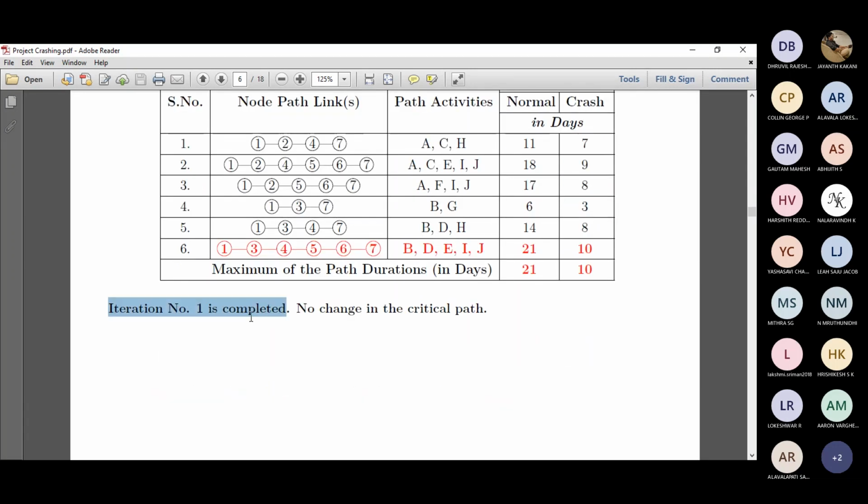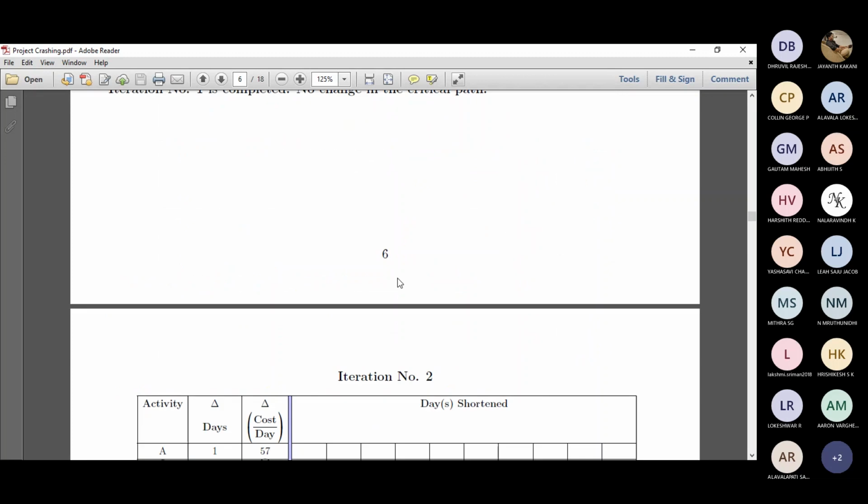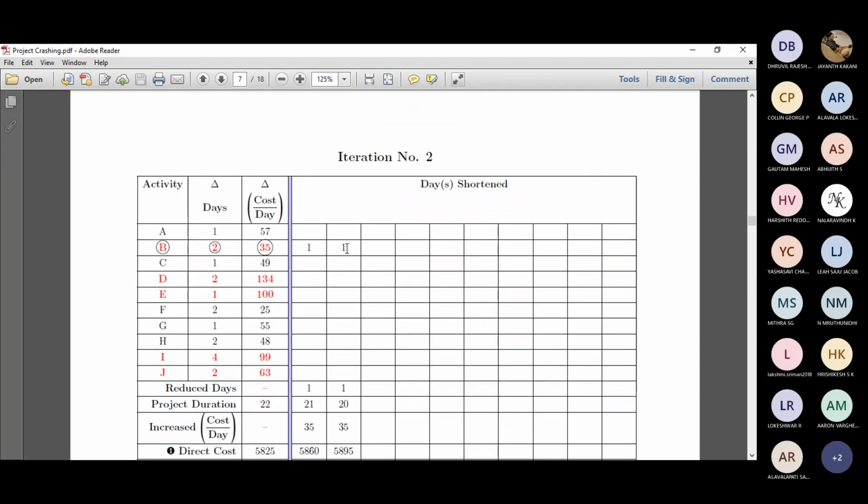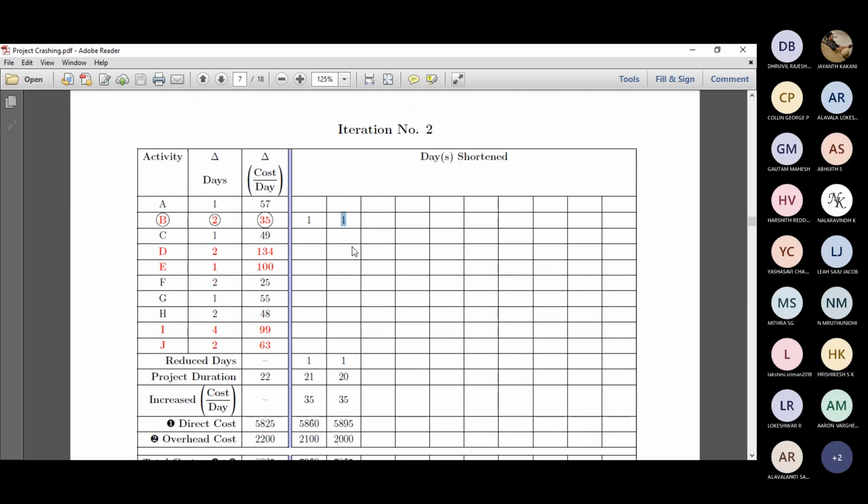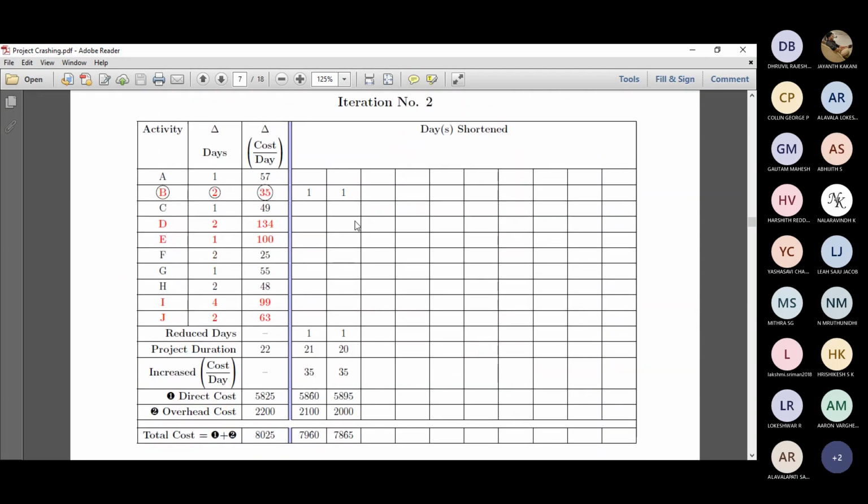The iteration is complete with no change in the critical path, so we can reduce further by 1 day. Once we reduce it by 1 day, this becomes 1 plus 1, which is 2. So 22 minus 2 is 20. The cost slope is the same, 35, and this value plus 35 gives us a new direct cost.